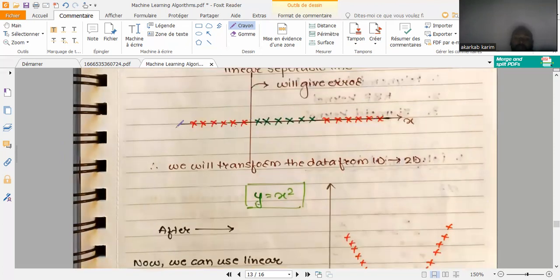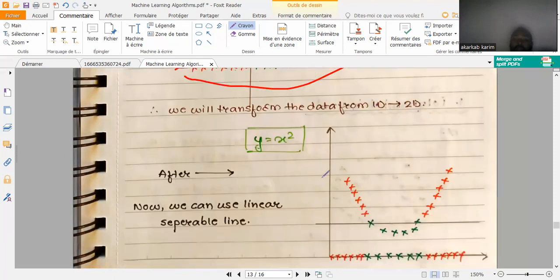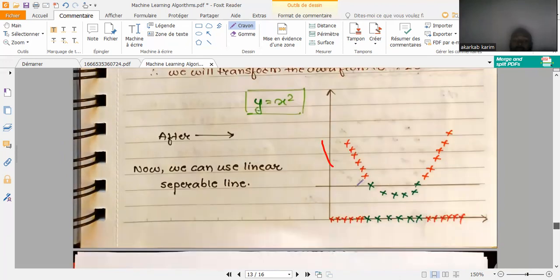We have data here in one dimension, and we make it 2 dimensions by using this transformation.